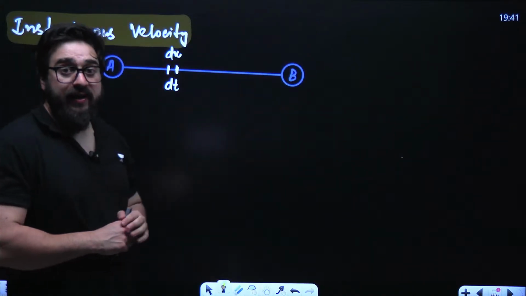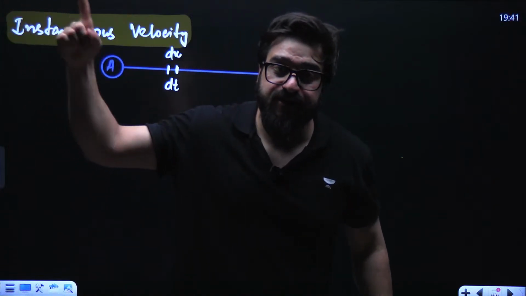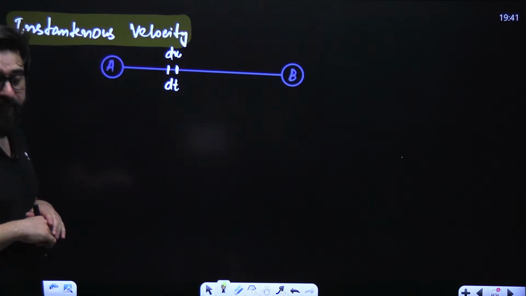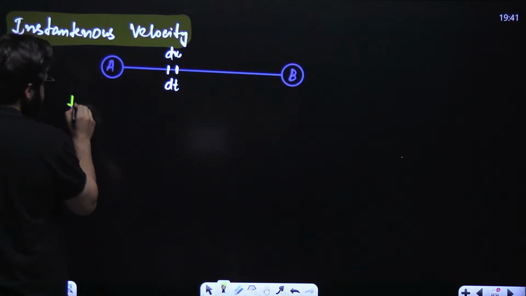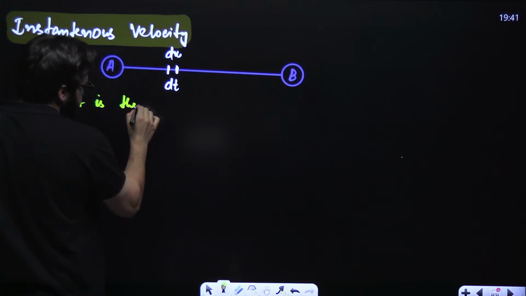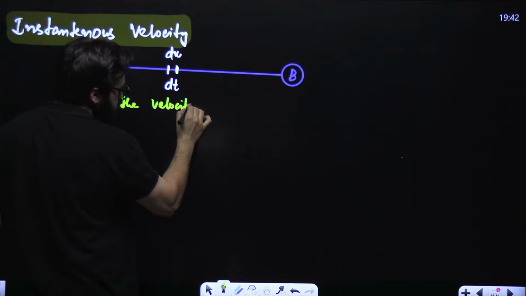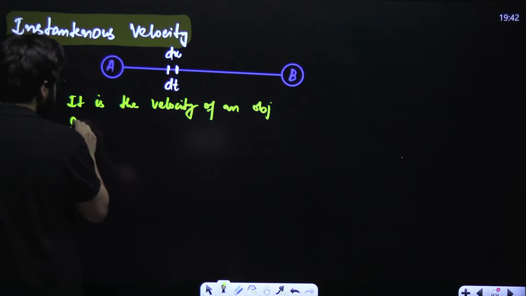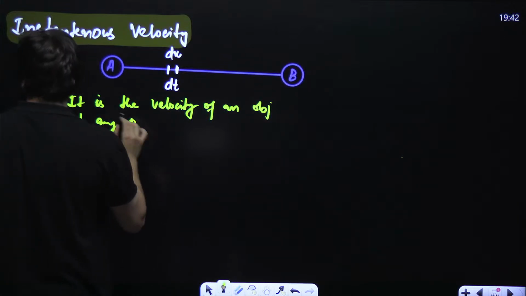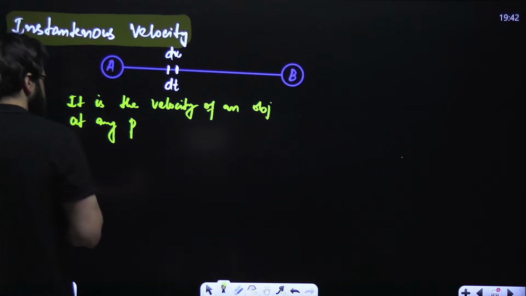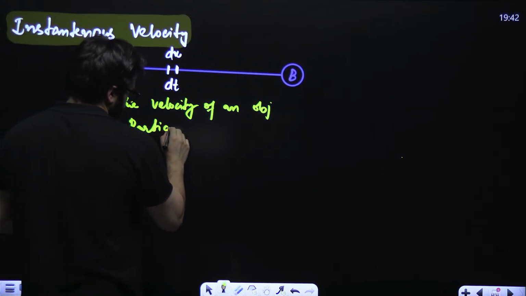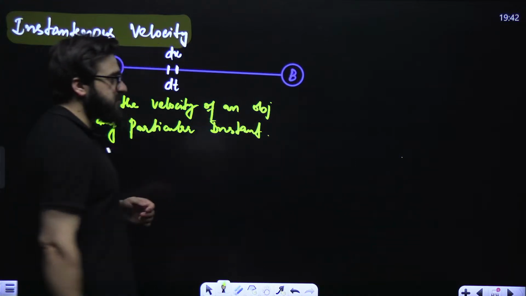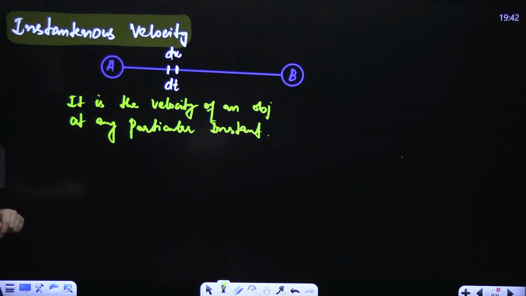instantaneous velocity? Like you have instantaneous speed and average speed, here you have instantaneous velocity and average velocity. Guys, see, I say it is the velocity of an object at any particular instant.